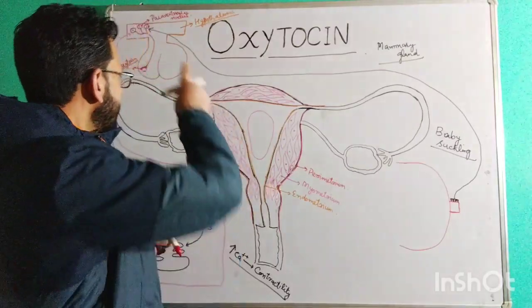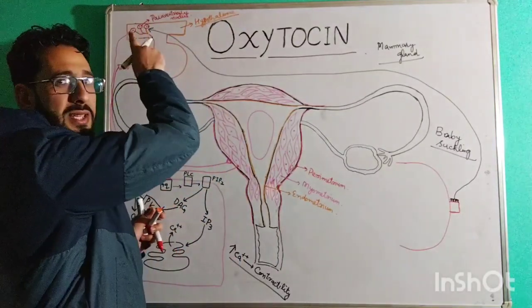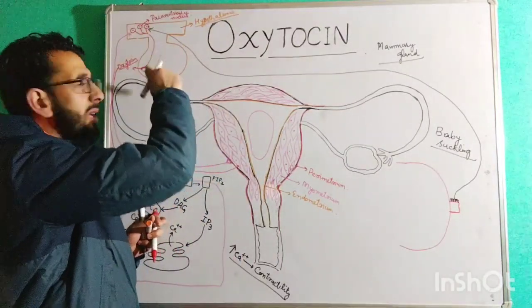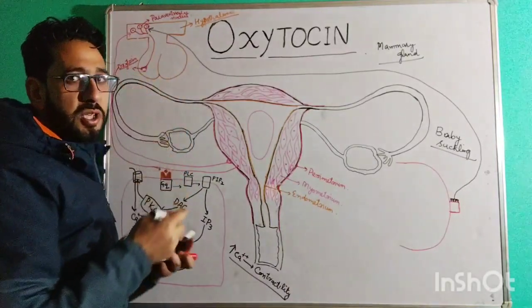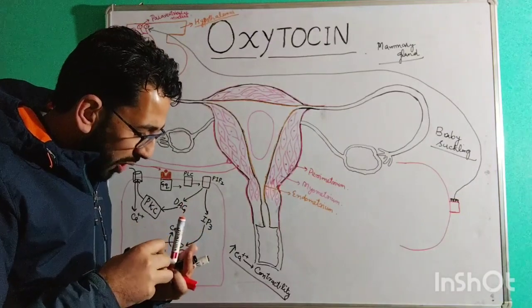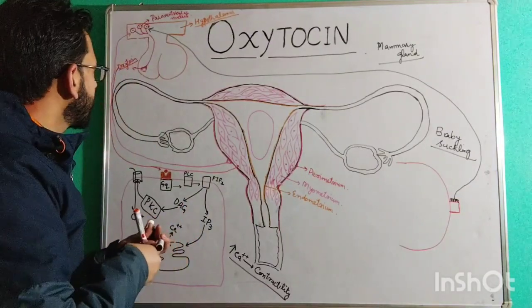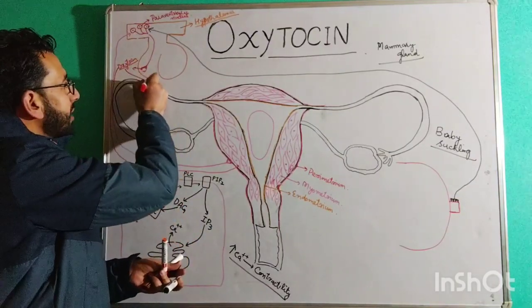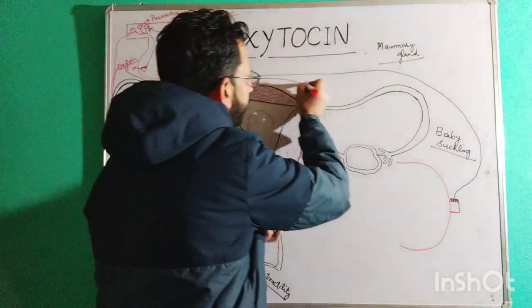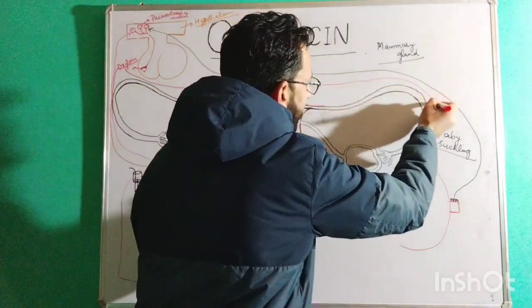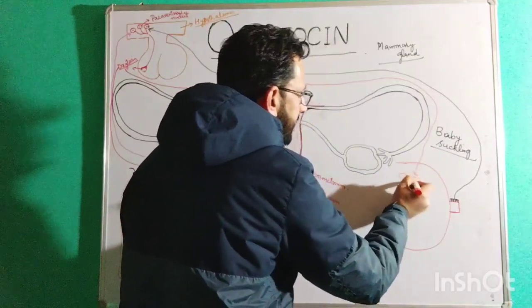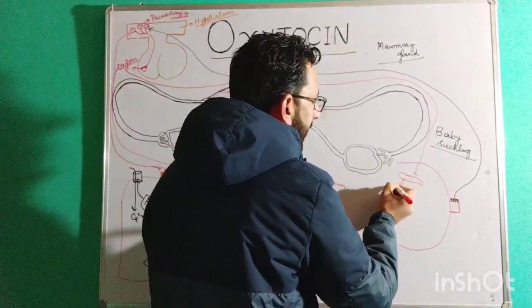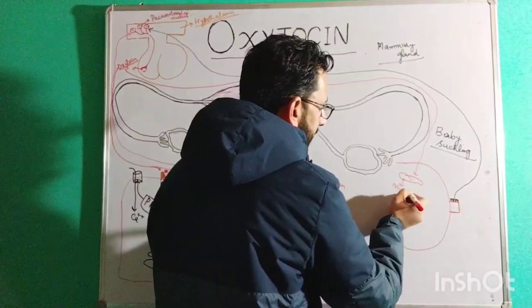Once this paraventricular nucleus is stimulated, again it will send the action potentials down, and it will lead to release of oxytocin. This oxytocin will come and act on the mammary gland, and it will act on the special cells inside, which are called myoepithelial cells.